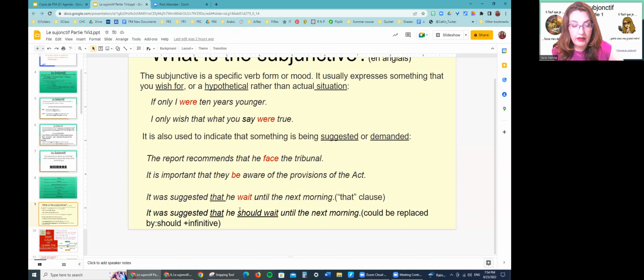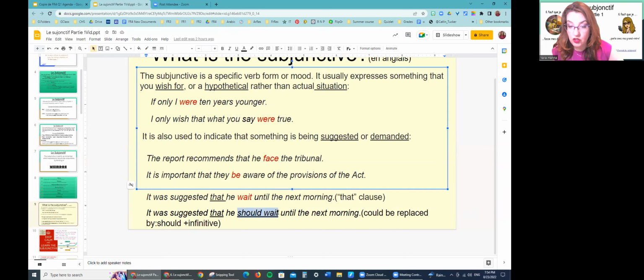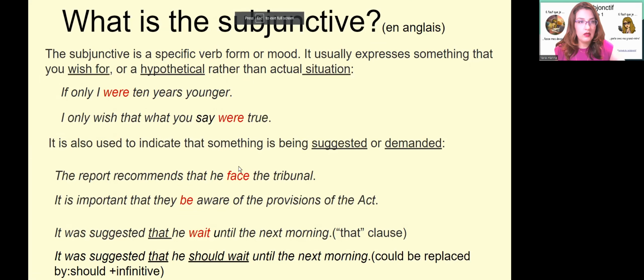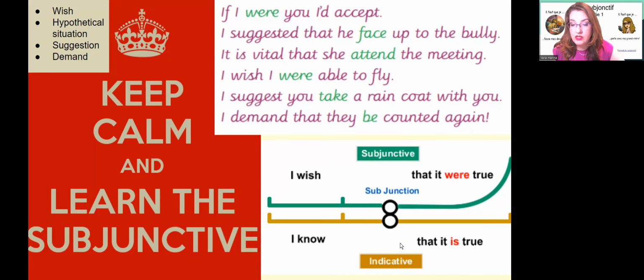So instead of having the subjunctive, sometimes we use should plus infinitive. Voilà. Let's move on. So here we have the subjunctive. Here we have the indicative mood. I wish versus I know. I wish that it were true. I know that it is true. So here is the subjunctive.